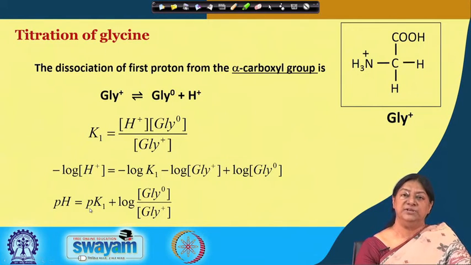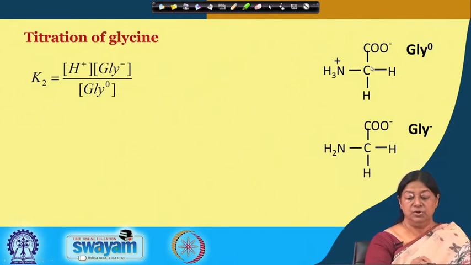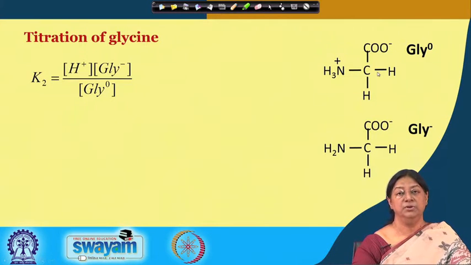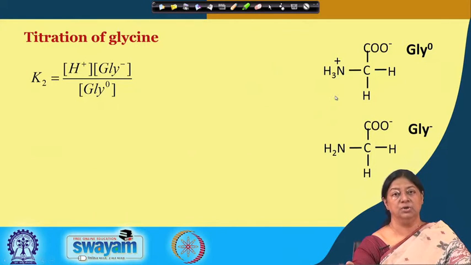If we continue the titration, we will reach a point where the proton associated with the NH3 plus will now be lost. So, now we have Gly 0. As we continue the titration, we reach a point when all of the protons associated with the carboxyl group have been lost, and an increase in OH minus concentration is going to result in a loss of the proton from the NH3 plus, which will go to NH2.